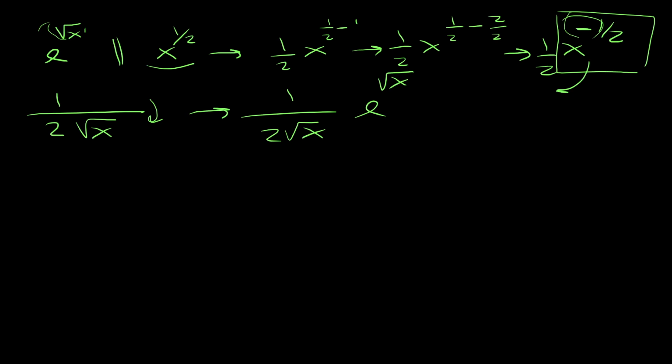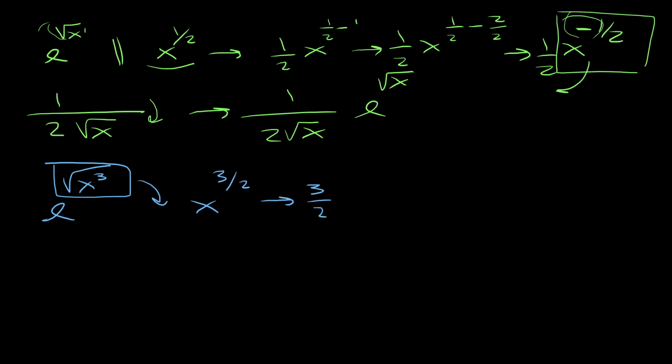Let's look at another example. Let's say now we have e to the square root of x cubed. So we have x to the third power, and we have a square root outside. How do we solve this one? It's the same process. You take care of the exponent first, writing the square root as a power of 3/2. The derivative is the first term in front, then x, and then you subtract 1.